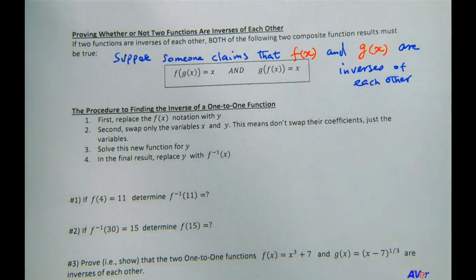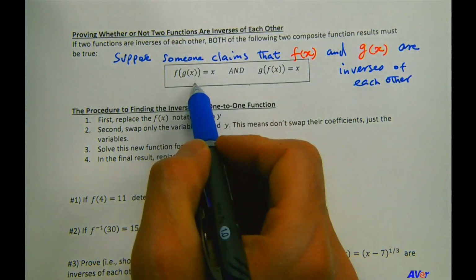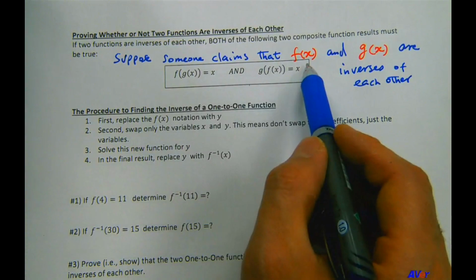Then, how do we prove or disprove this? By taking the composite function in both directions.